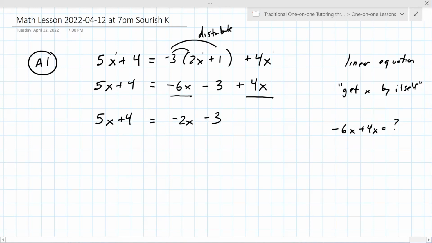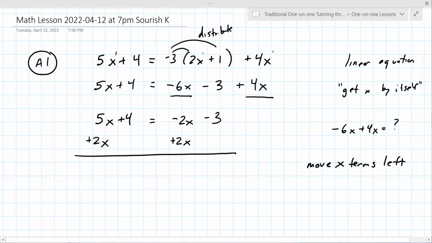Now, generally you move terms left, especially x terms. So to move this -2x, we're going to add 2x. You undo subtraction with addition. So what is 5x plus 2x?